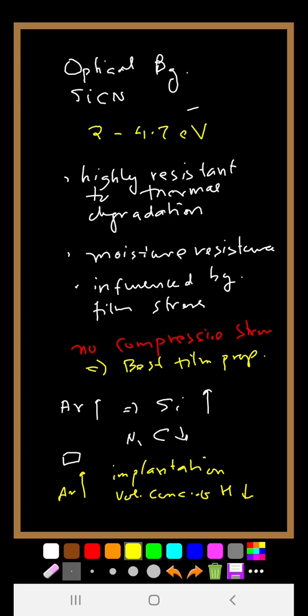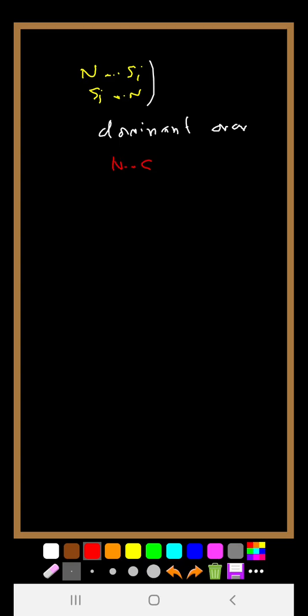Due to these properties, the silicon nitrogen bonds, whatever you may call it, become dominant over other bonds like nitrogen carbon bonds and silicon oxygen bonds.